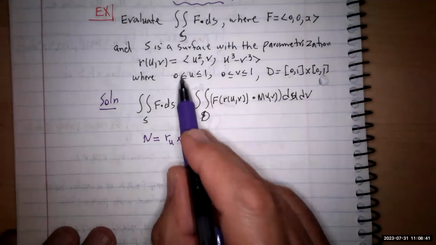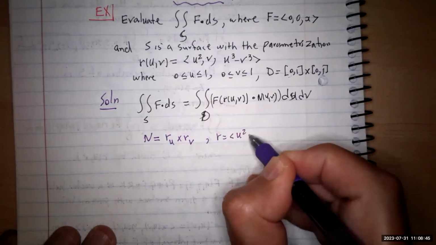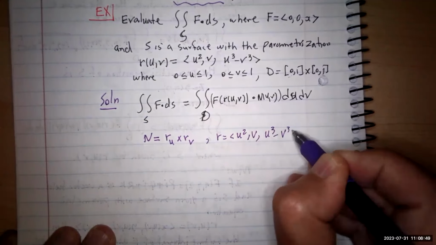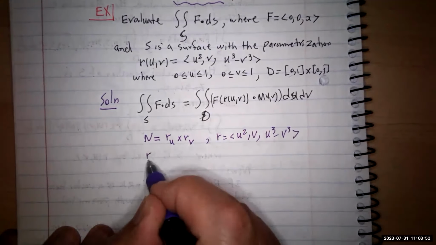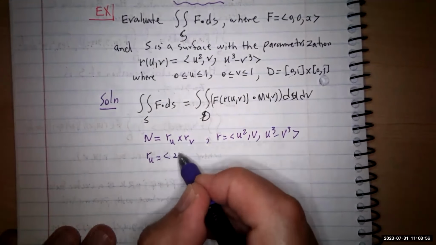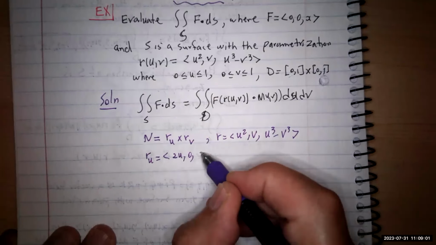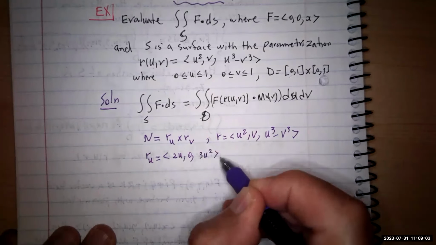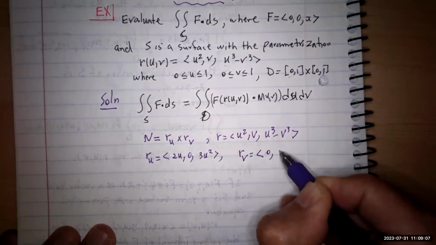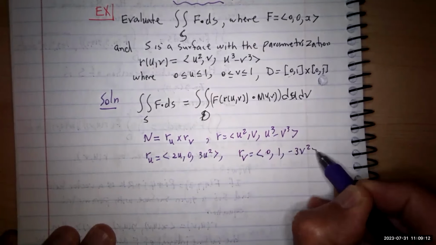So this is your r: u squared v, u cubed minus v cubed. Find the partial derivative with respect to u, which gives you 2u, 0, 3u squared. The partial derivative with respect to v is 0, 1, negative 3v squared.